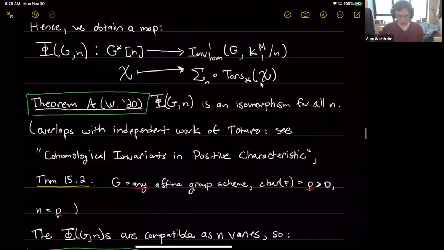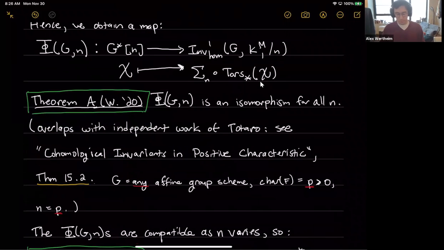I should mention that this overlaps with independent work of Bertataro. He has a beautiful paper, Cohomological Invariants in Positive Characteristic, where I think he actually gave a talk on this paper in this seminar. He has many other wonderful results in that paper, but one result he has is theorem 15.2, which overlaps with my result.